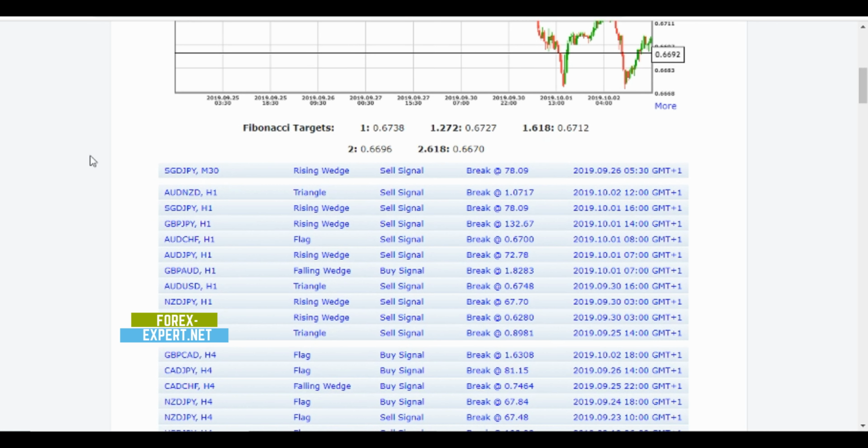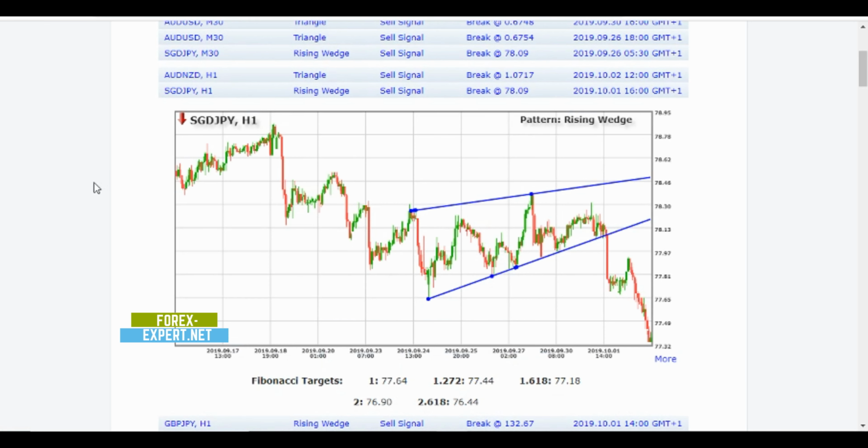Let's jump to the hourly time frame. The Singapore dollar and the yen. We have a downtrend. The pattern is a rising wedge. Sell signal. Break at 78.09.